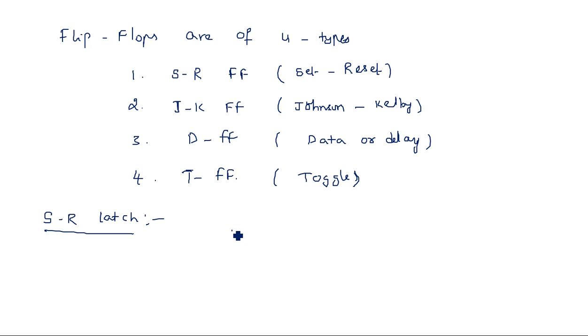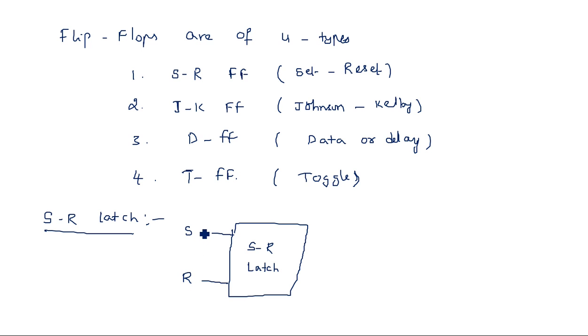If you see the simple block representation of this SR latch, SR, JK, D, T, all these are inputs for these flip-flops or latches. Here S is one input and R is another input. S means set, R means reset.